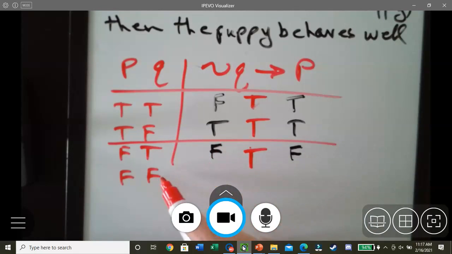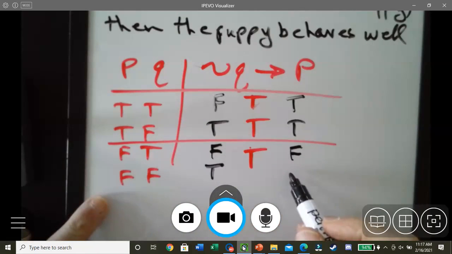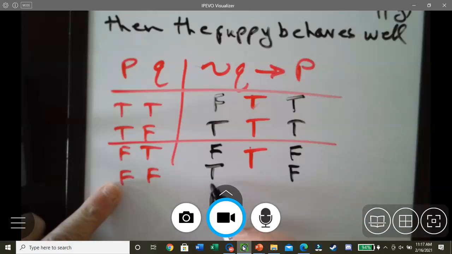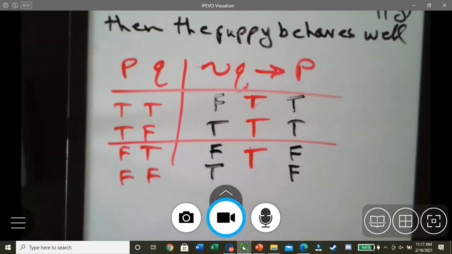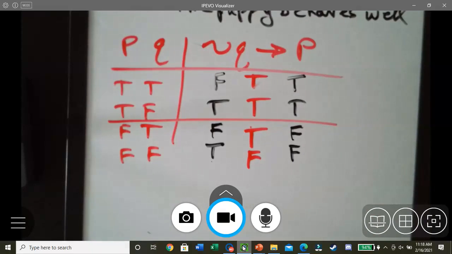And if Q is false, then not Q is true. And what about P? False. So if true, then false is false. That's the only one that's false, right? And so this is our answer here in red. Any questions with that? Okay.